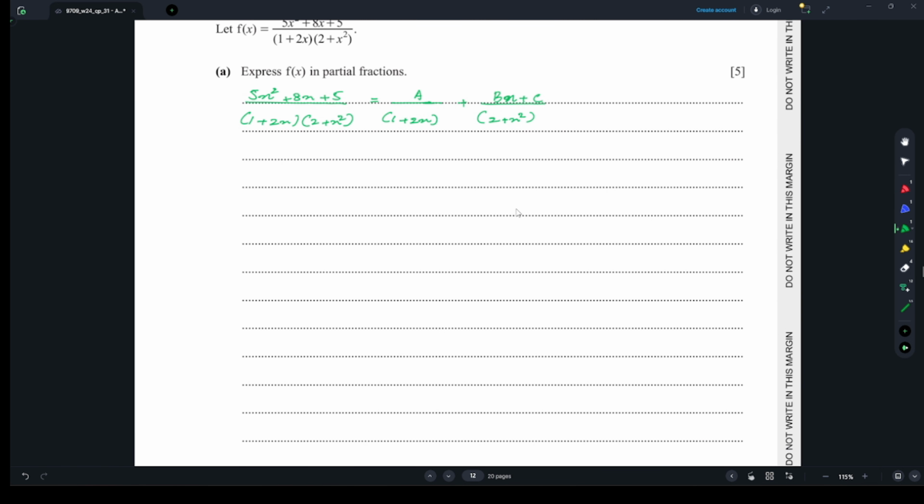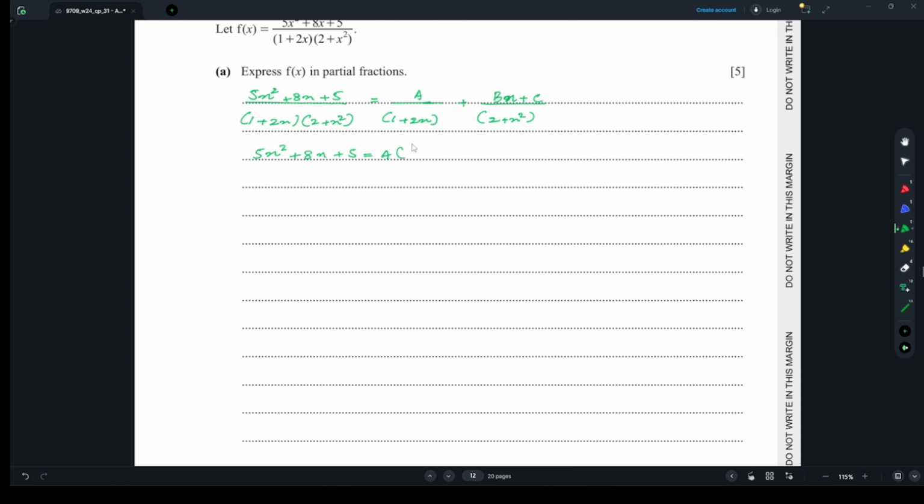And then what you can do, you can just cross multiply by this denominator. So you will receive 5x squared plus 8x plus 5 equals, when you multiply by this denominator, 1 plus 2x, 1 plus 2x here cancel.